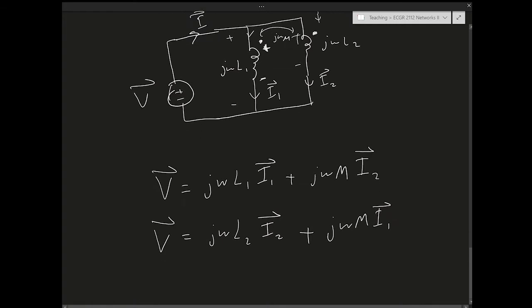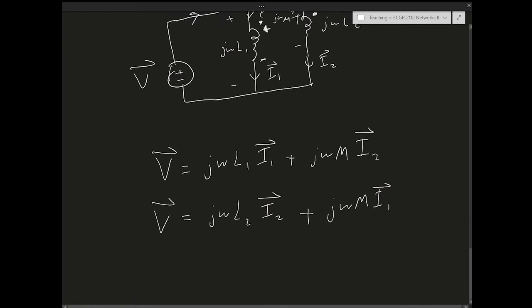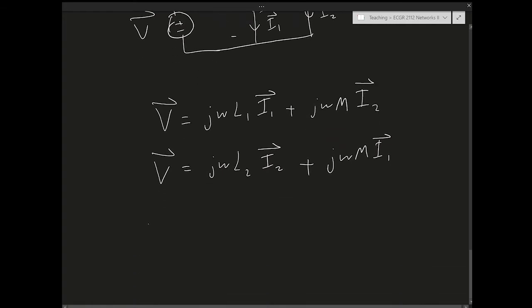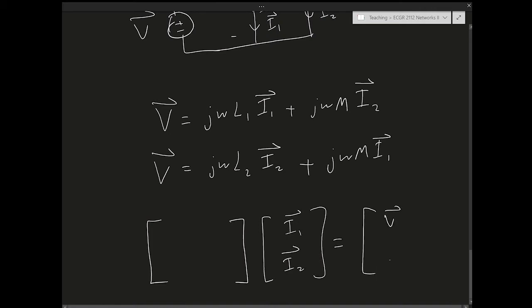So I have 2 equations with 2 unknowns, I1 and I2. I can solve this, of course. I can write it as a matrix equation. So I have I1 and I2, and this equals V, and then the terms: I1 is multiplied by j omega L1, j omega M is what multiplies I2, and then I have j omega M, and then j omega L2.